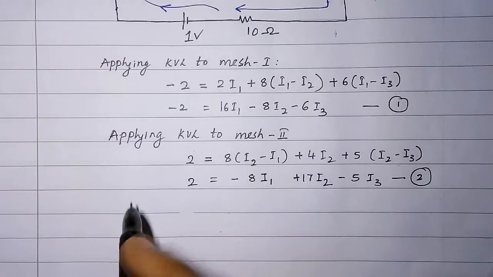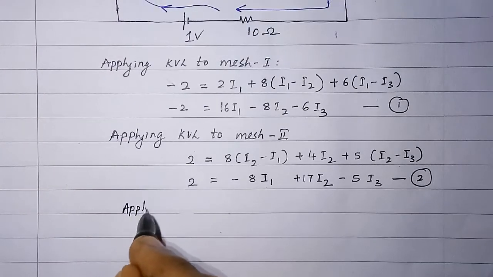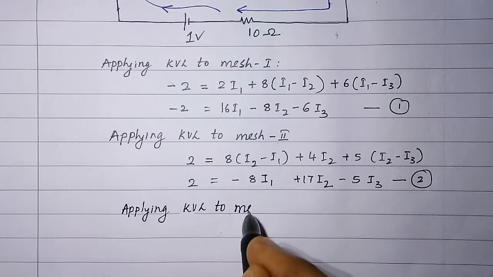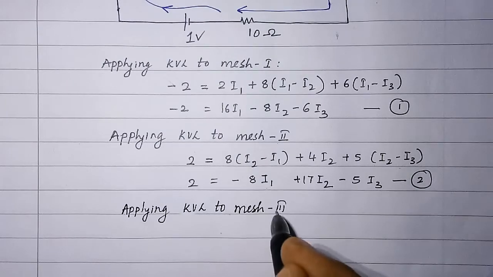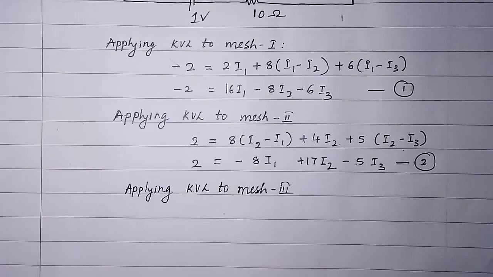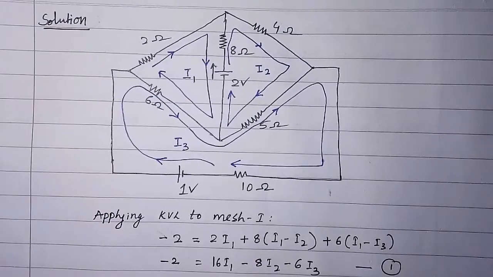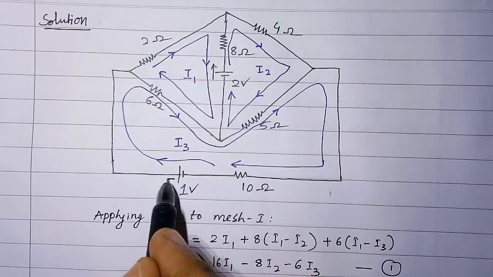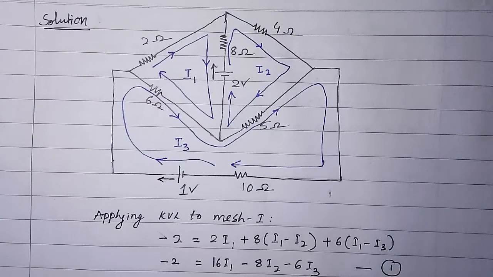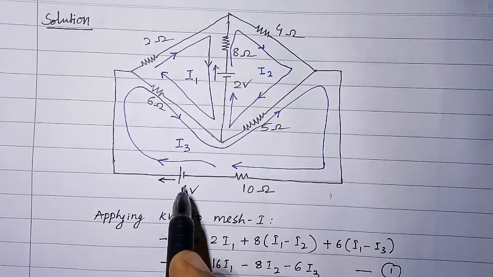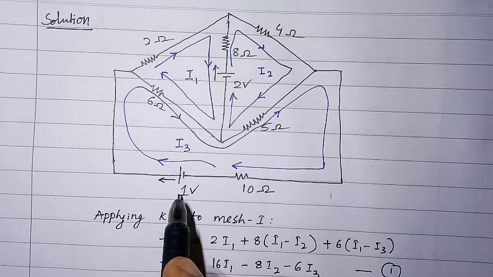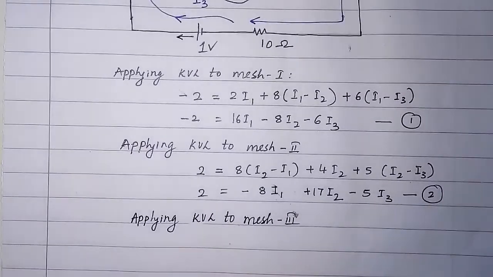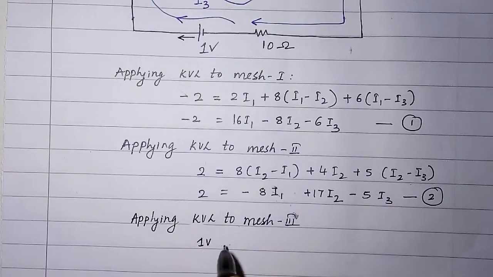Next we will apply KVL to mesh 3. In mesh 3, we are having 1 volt source. Direction of voltage rise is towards left. Direction of I3 is also towards left in 1 volt source. Therefore, voltage rise will be 1 volt positive. So write here 1 volt.